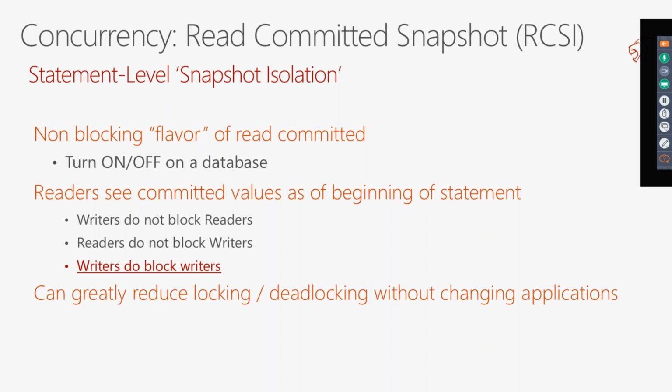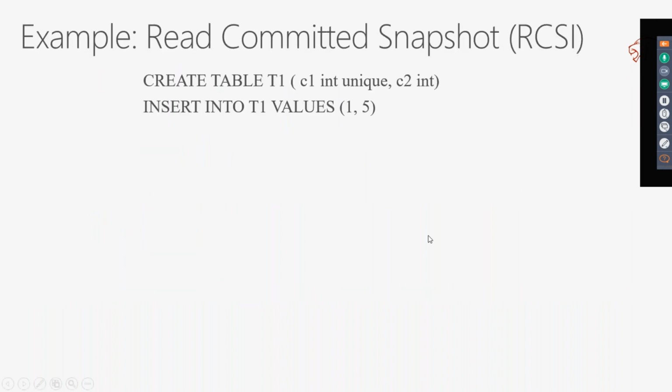There's no blocking. But writers will block writers, and that is not stopped. It makes sense, right? Two people cannot be updating the same row, so we have to protect that. So it can reduce blocking between readers and writers, and in many cases can reduce deadlocks.